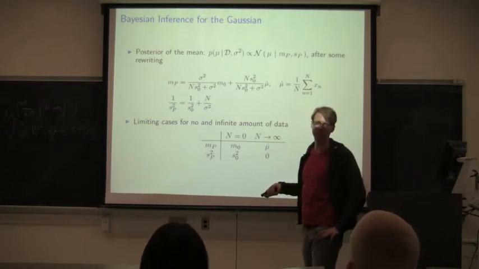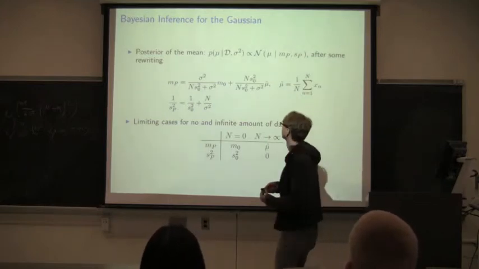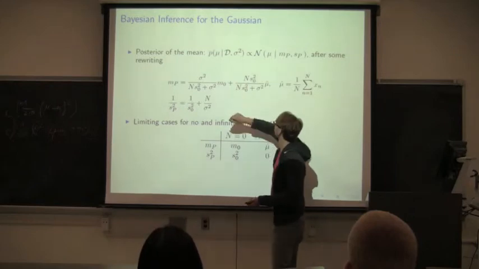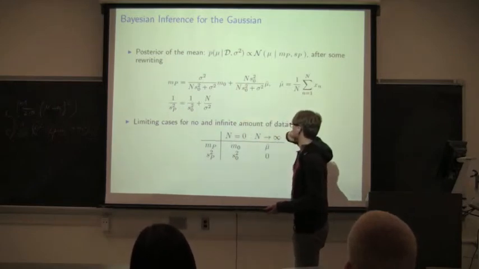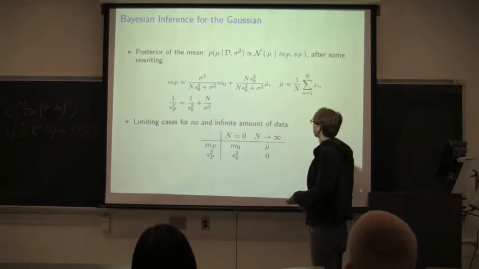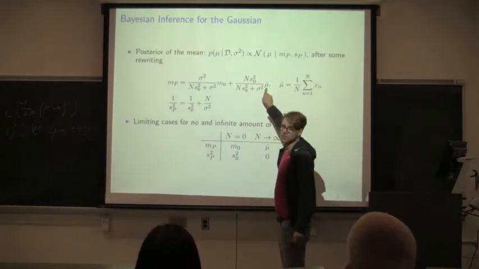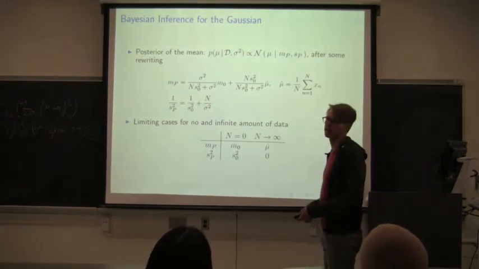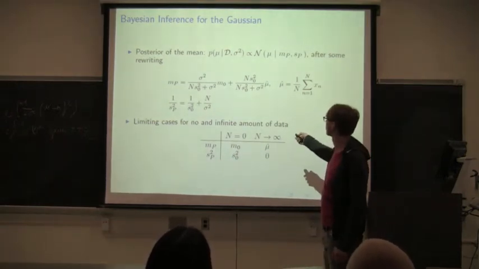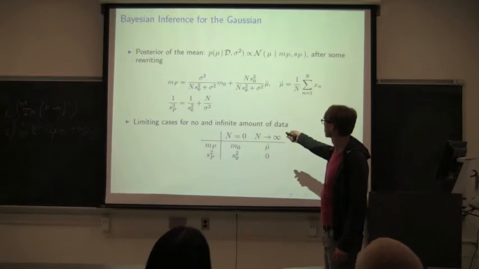So if we observe more data, if n gets larger, then we'll be closer to the maximum likelihood estimator. And for a small number of data points, we're closer to the prior.